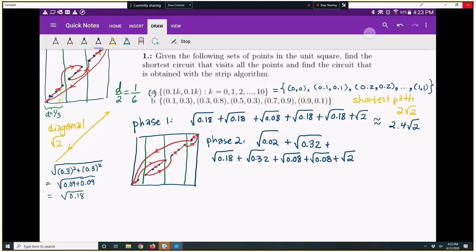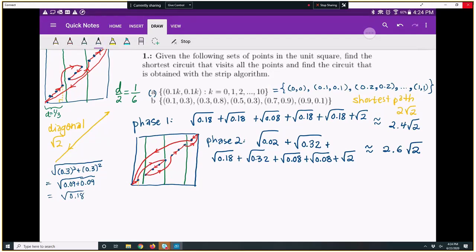So if I add these all up, I would find that in phase 2 of the strip algorithm, the distance required is 2.6 times the square root of 2. So you can actually see that it's going up as I chop it into more pieces. And again, this is because these all lie on a straight line, so this is not perhaps the best algorithm to use for a situation like this.